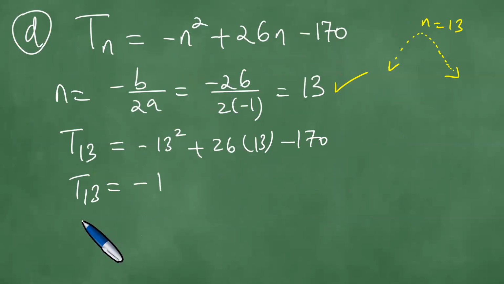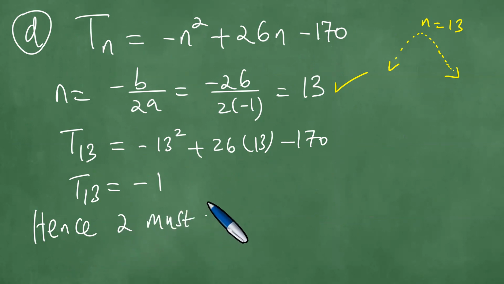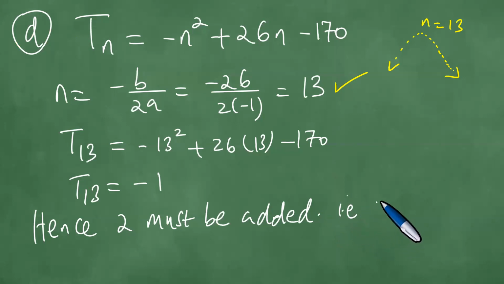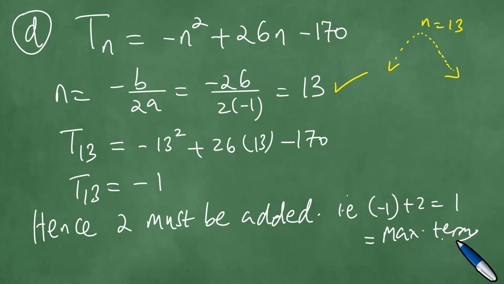Hence 2 must be added. If you take the minus 1 and add 2 to it, you get 1, and this is going to be the maximum term.